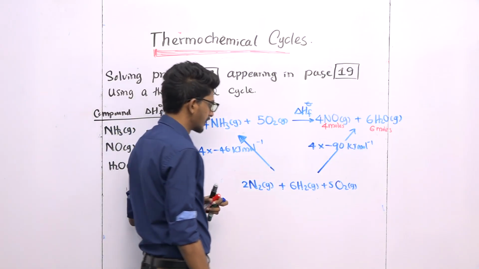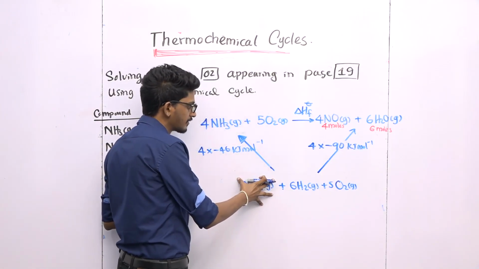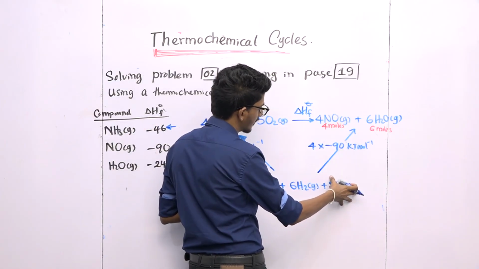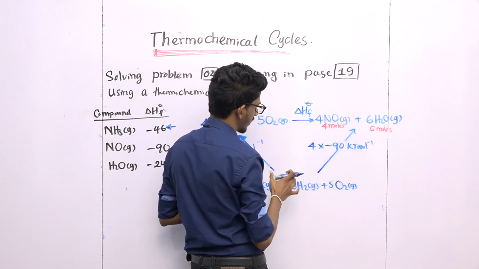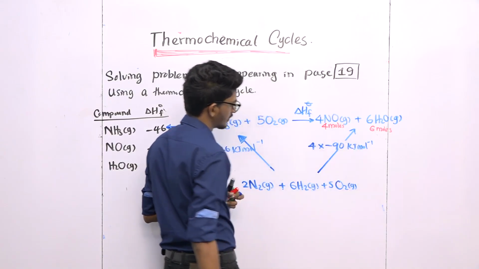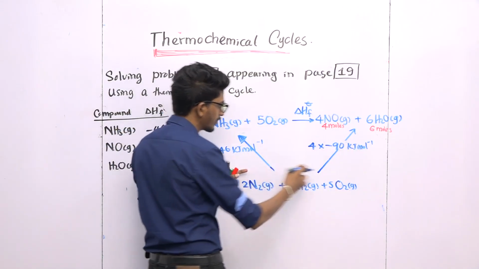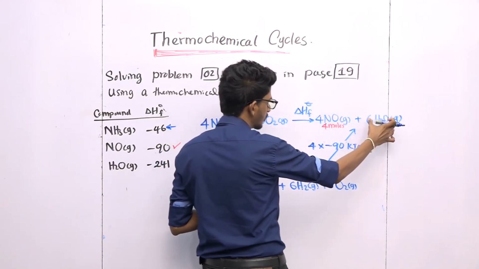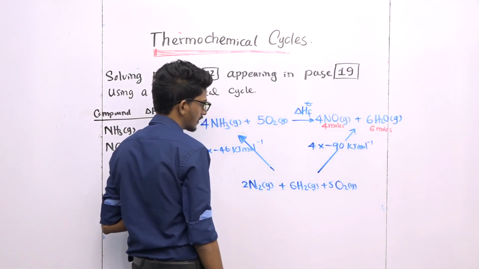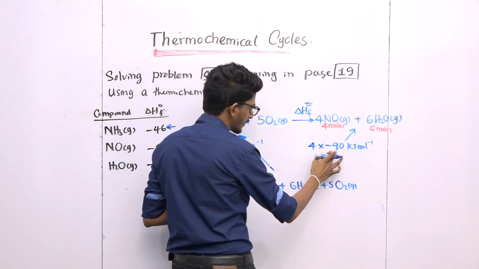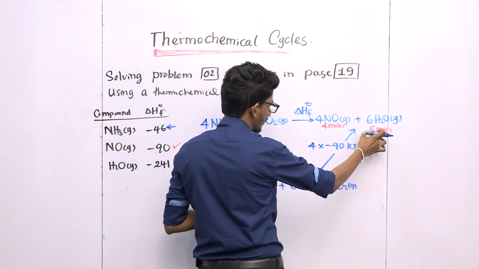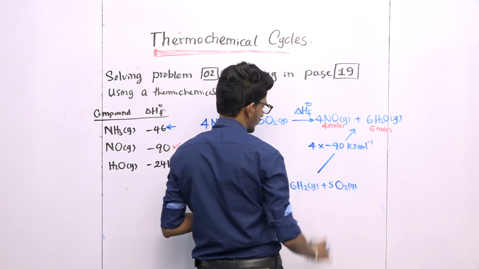That will convert this N2 as well as 2 moles of O2 gas to 4 moles of NO gas by doing this energy change. That is not enough to totally convert this state to this. You need to produce 6 moles of H2O gas as well. That can be done by applying 6 times the formation enthalpy of H2O.